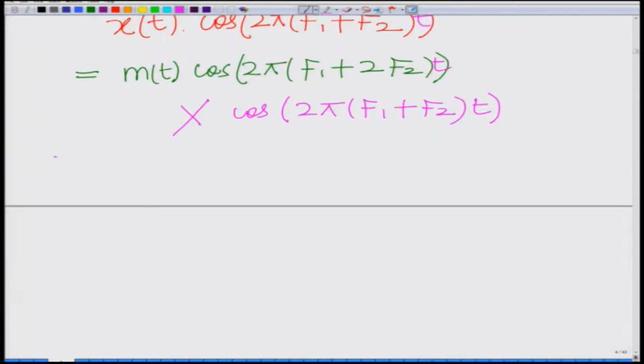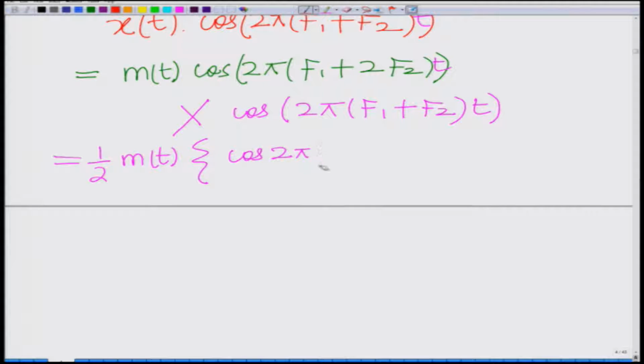Now, this is equal to half m(t) cosine 2 pi times the difference of frequencies, (f1 plus 2 f2) minus (f1 plus f2).